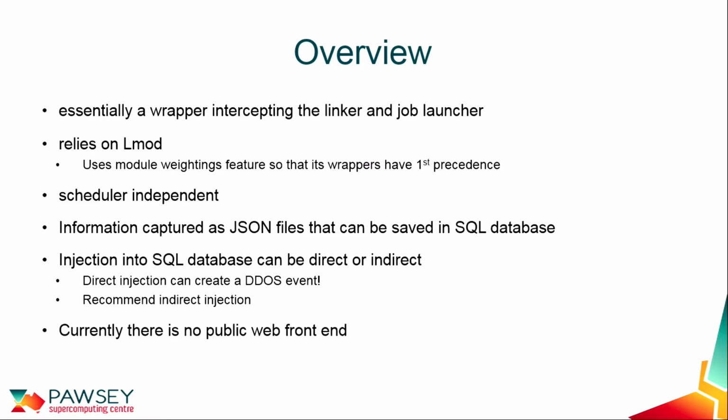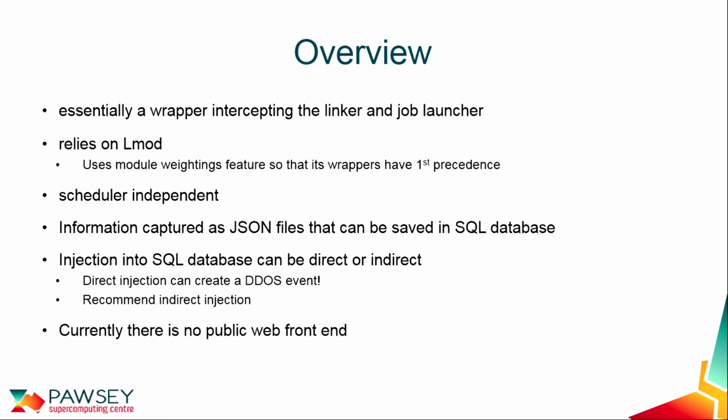For us, we've harvested the information that's collected from the scheduler and from the link information into JSON files in the user's home area. The reason for this is not all systems have direct access to the outside world or access to the database. We also found that in some cases you can get a denial of service attack caused by users.